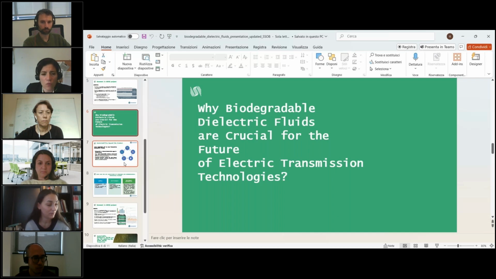But the reason why we focused on biodegradable dielectric fluids is because, of course, when talking about transitioning towards smart grid and the use of solid state transformers, the only solution can be also to evolve in fluids with a better performance and a better environmental profile. Next slide, please.